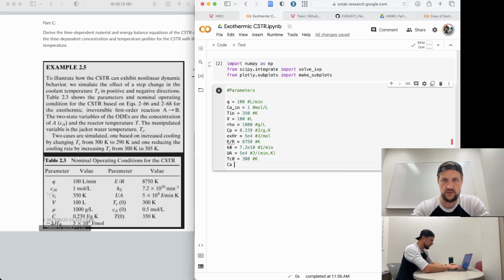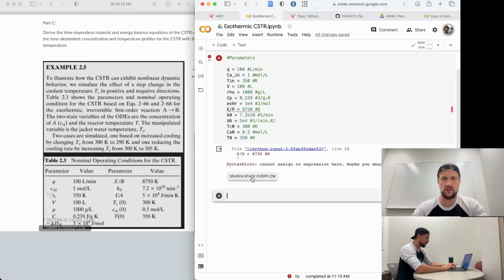Our initial concentration equals 0.5 moles per liter. And then our initial temperature equals 350 Kelvin. Okay, those are our parameters.